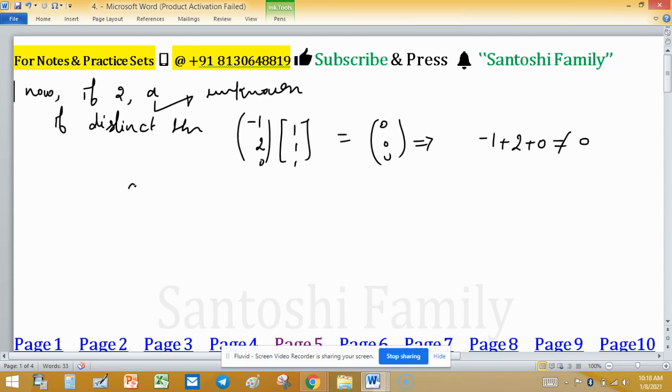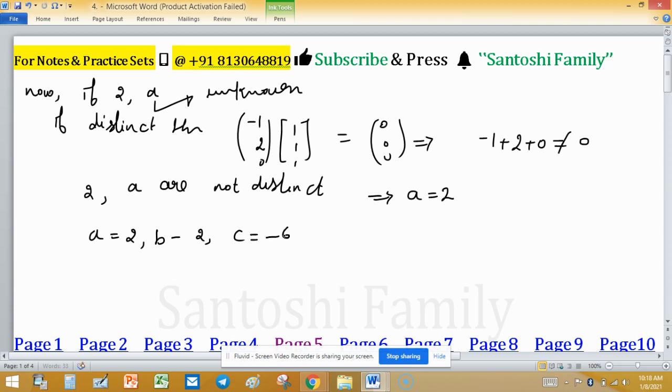So 2 and a are not distinct; it means they are equal. This implies a equals 2. Now we have the values: a is 2, b is 2, and c is minus 6.